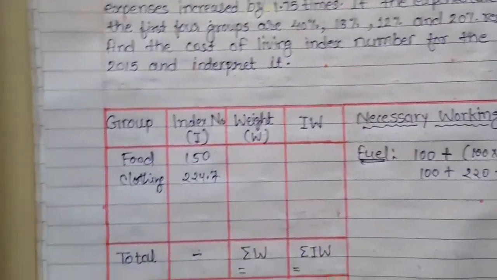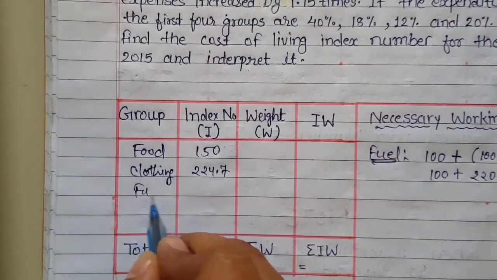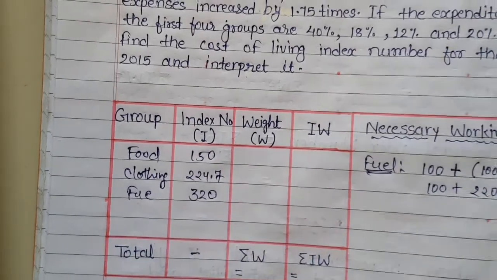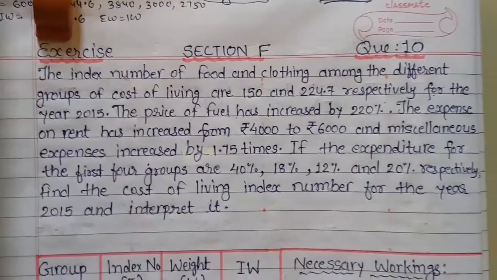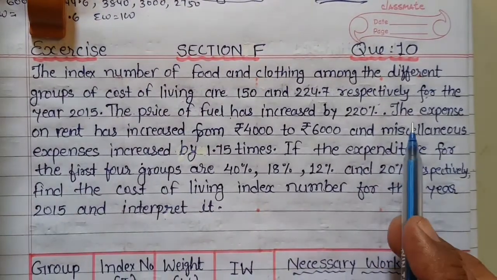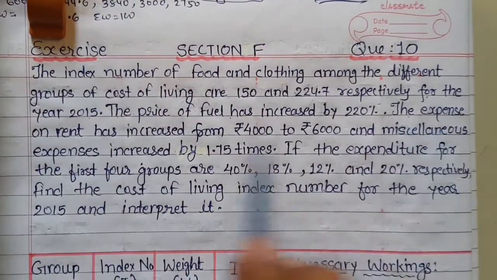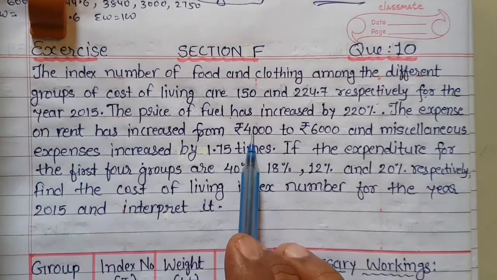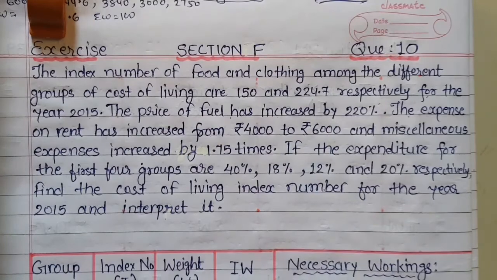So for fuel I will write 320. Now in the next information they have said that the expense on rent has increased from rupees 4,000 to 6,000.